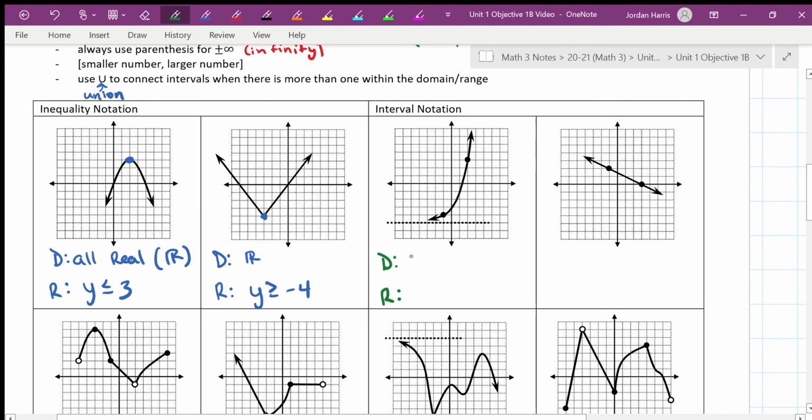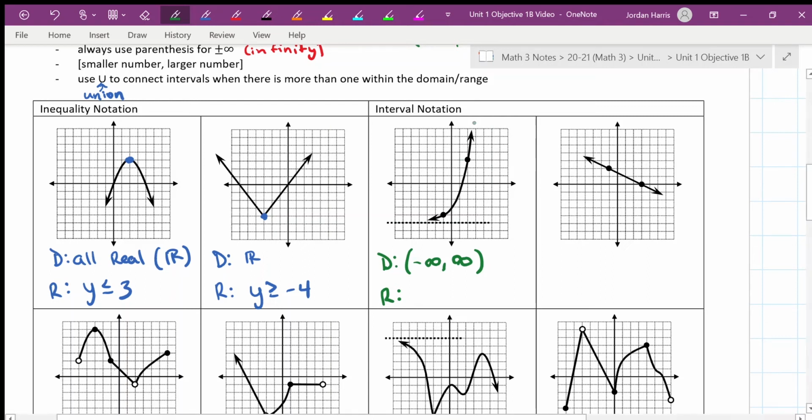It won't go down past that, but it is going to the left. The up arrow is also kind of pointing to the right. So it's also going to the right forever. So it's all real numbers. But instead of all real numbers, we say it's going from -infinity to positive infinity. Remember, infinity means forever. So I'm going left forever, -infinity, right forever, positive infinity.